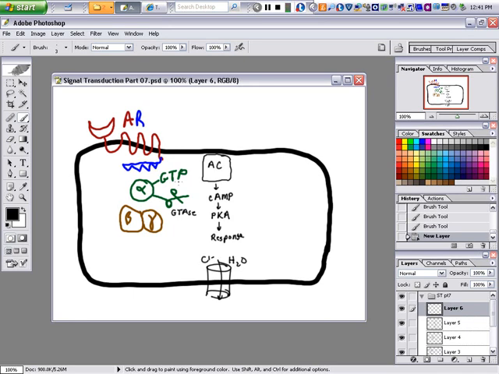Extreme diarrhea. Now that you understand the mechanism, I'm going to tell you the name of the toxin here, and then I'm going to tell you the name of the condition. Everybody okay? The name of the condition and the name of the toxin, those really don't matter that much. What matters is the mechanism that you already understand. Everybody okay with that?